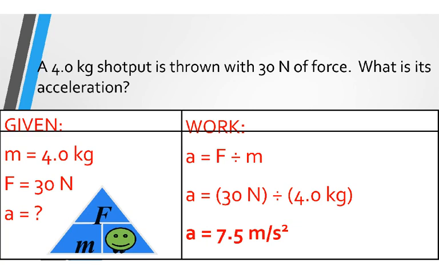So 30 newtons, that's our force, divided by 4 kilograms of mass gives us 7.5 meters per second squared. So if you have this 4 kilogram mass, and you put 30 newtons of force on it, you're going to get an acceleration of 7.5 meters per second every second. All right, one last one.